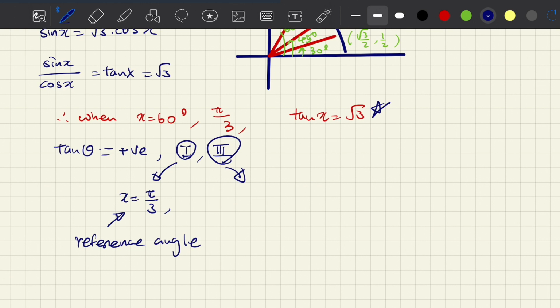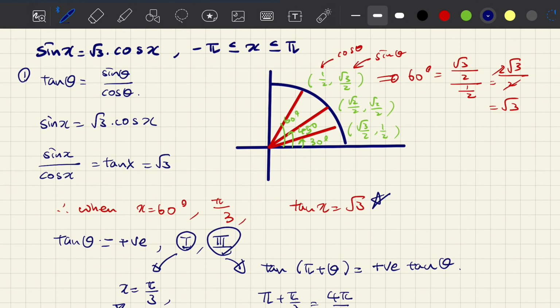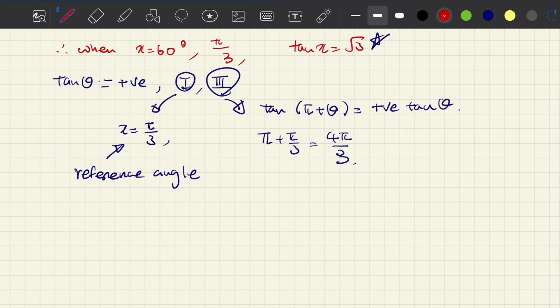The deduction formula that we're going to use with this question is tangent of pi plus theta is always equal to positive tangent theta. So we do pi plus pi over 3, which gives us 4 pi over 3. However, we know that our angle is also between negative pi and pi, so we have to find the negative side.